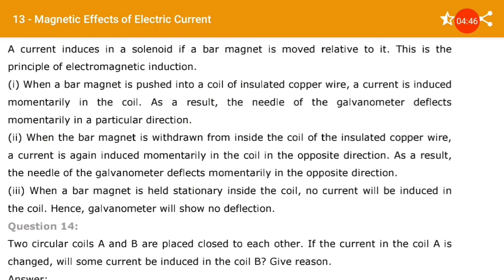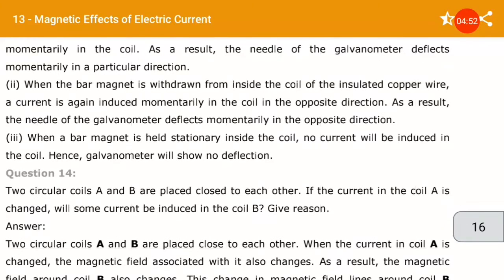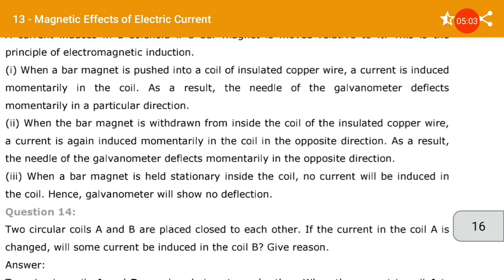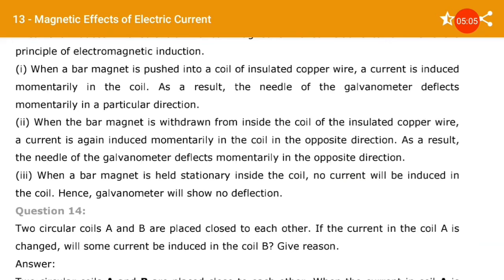As a result, the needle of the galvanometer deflects momentarily in the opposite direction. Third case, when a bar magnet is held stationary inside the coil, no current will be induced in the coil. Hence, the galvanometer will show no deflection. So in three cases, the galvanometer shows deflection in the first two cases, and in the third case there is no deflection.